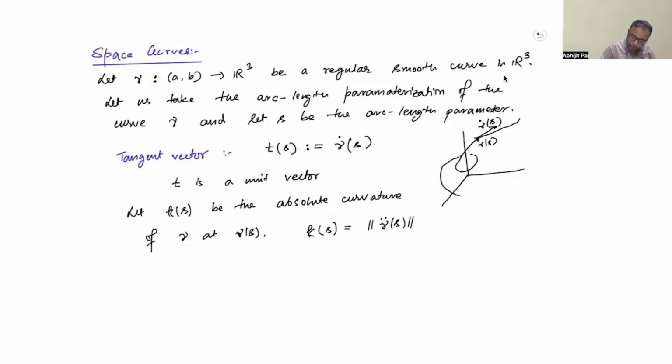Now if I take the derivative of this tangent vector, it will be equal to gamma double dot s. What we know is that this tangent vector is a unit vector, so the dot product T(s) with T(s) is equal to 1, since it is the square of the norm.